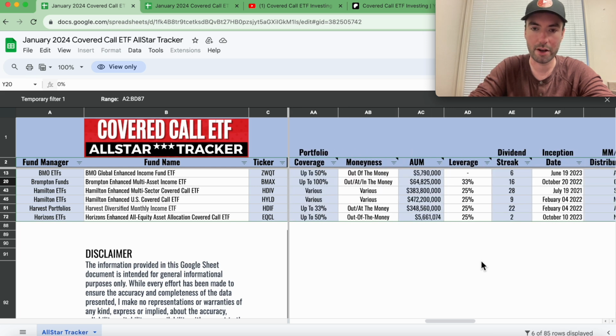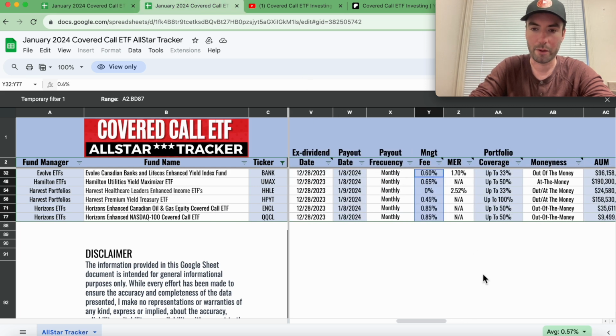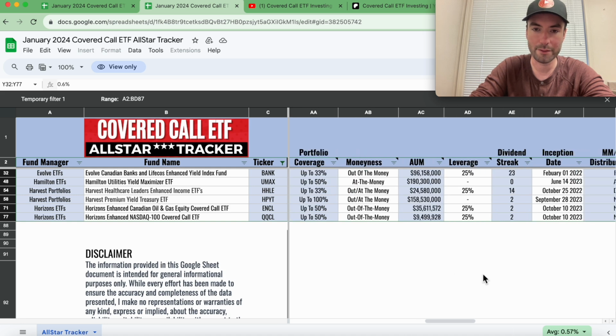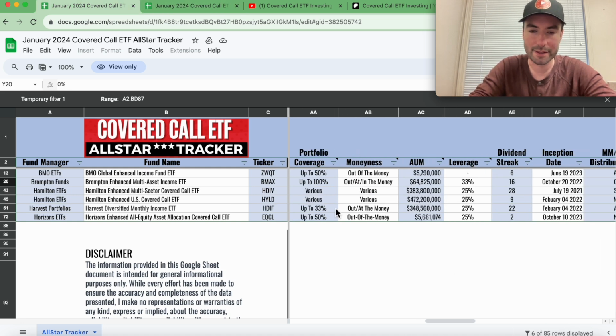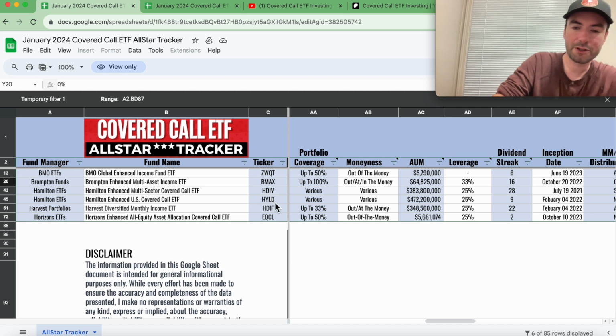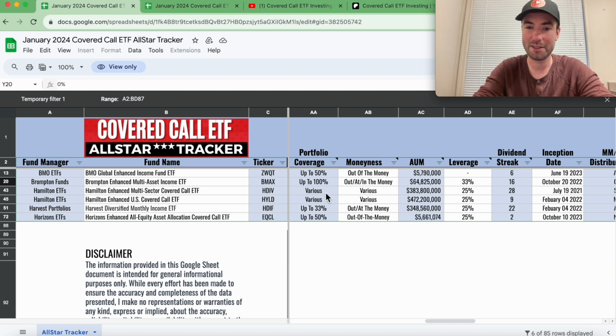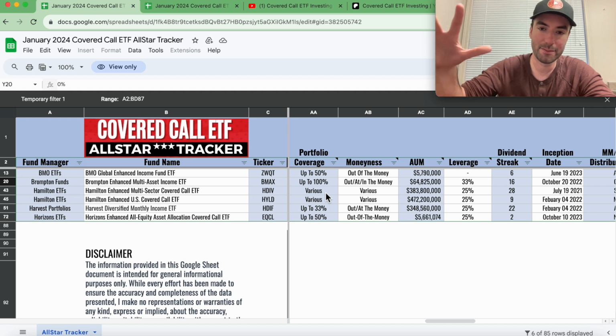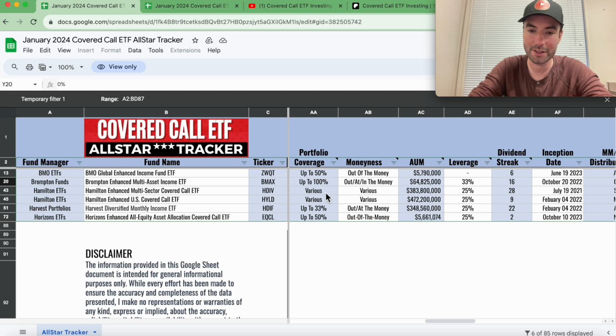Okay, moving along, I've also included portfolio coverage. With the all-in-ones, we have HDIV and HYLD. I said it's various because a lot of their underlying funds have so many different strategies and are from different fund managers. It's pretty hard to pinpoint the average portfolio coverage for that.